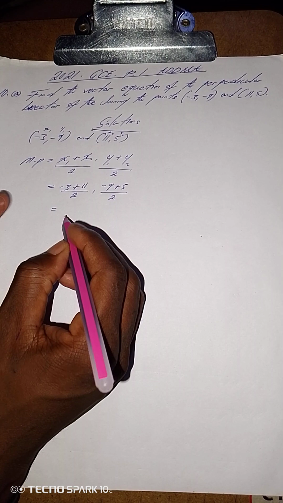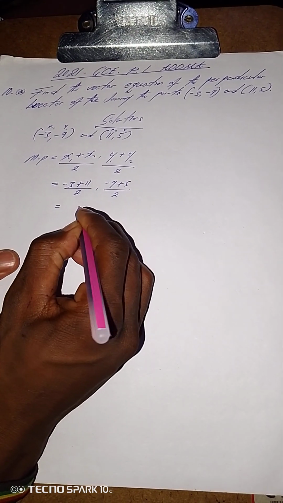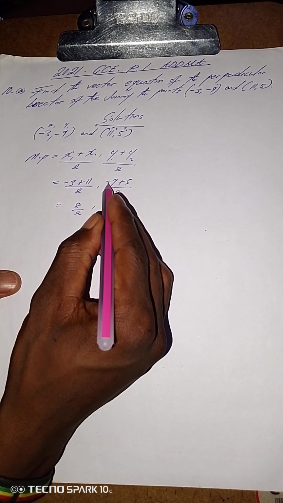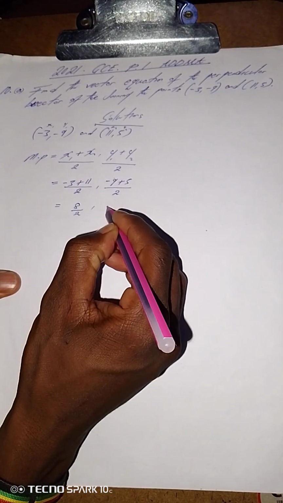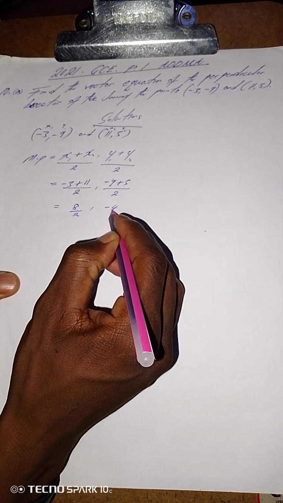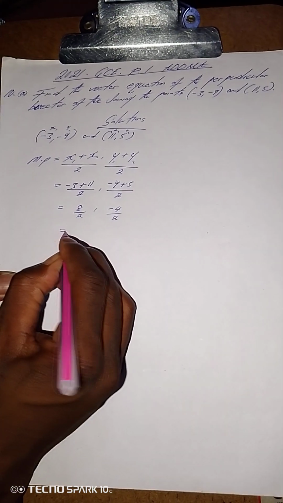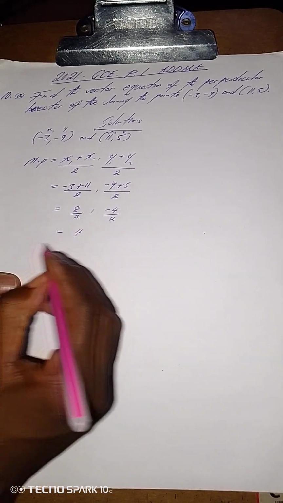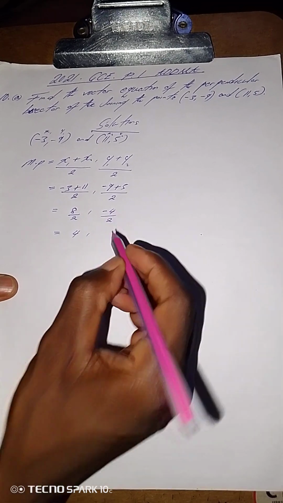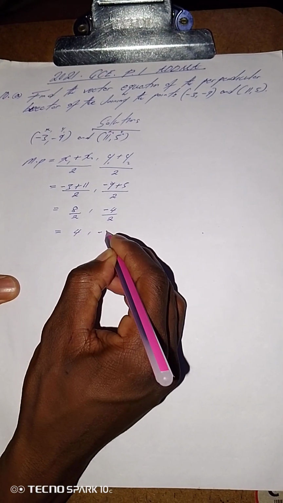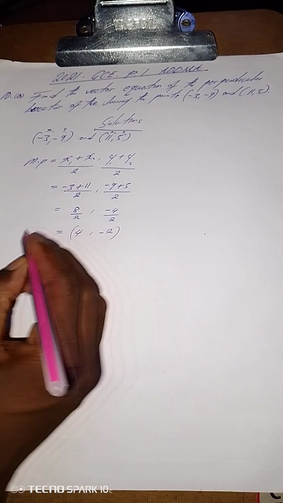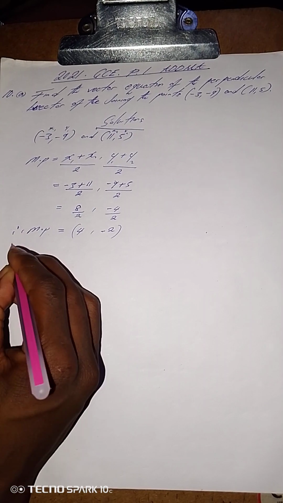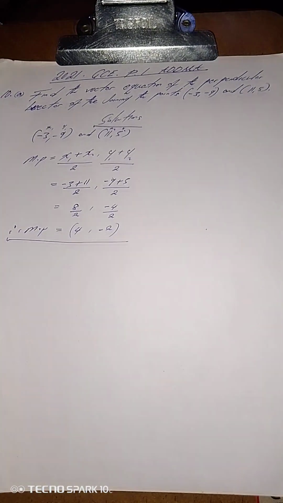The answer is going to be 8 over 2. -9 plus 5, the answer is going to be -4 over 2. 2 into 8, it's 4, 2 into -4, it's -2. So these are the midpoints of the perpendicular bisector.